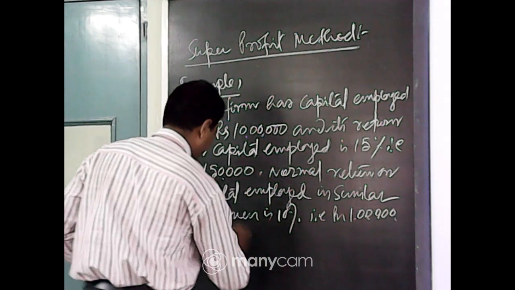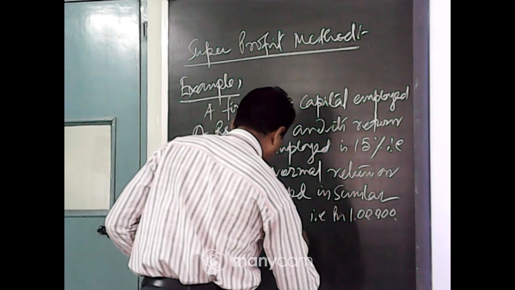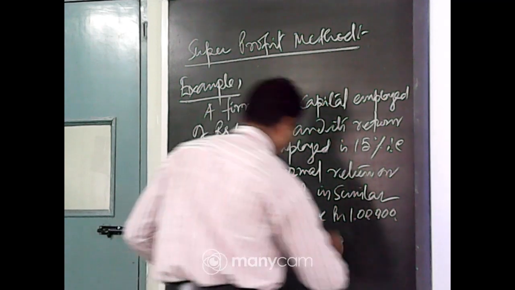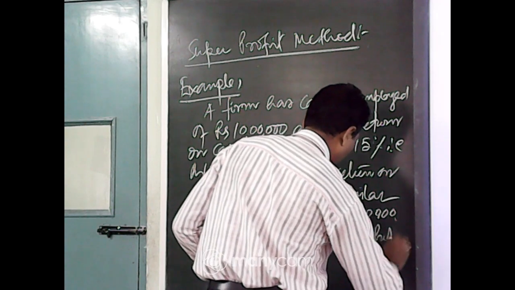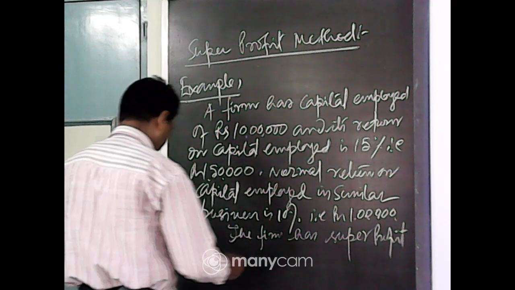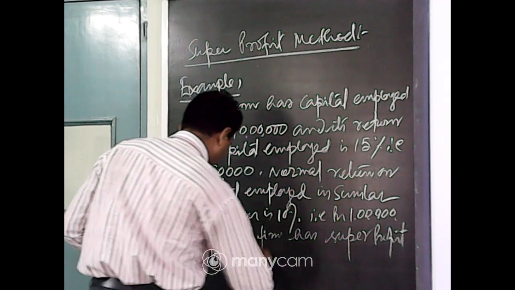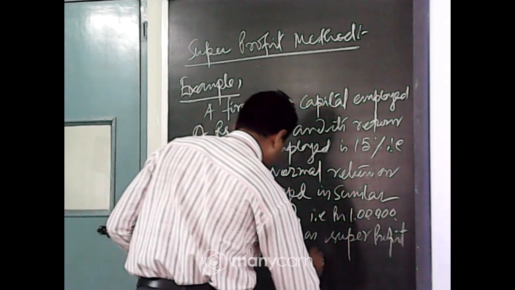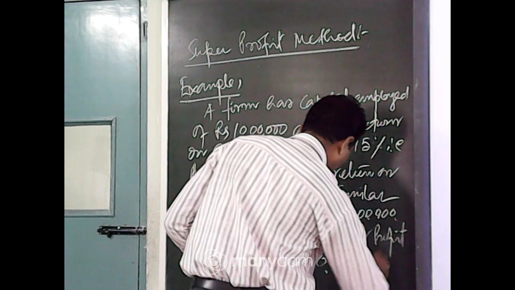The firm has super profit of rupees 50,000, that is 1,50,000 minus 1 lakh.